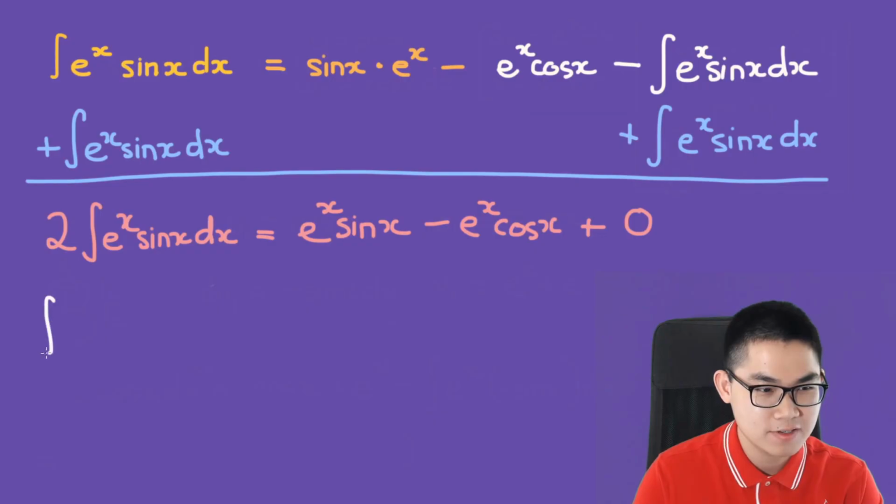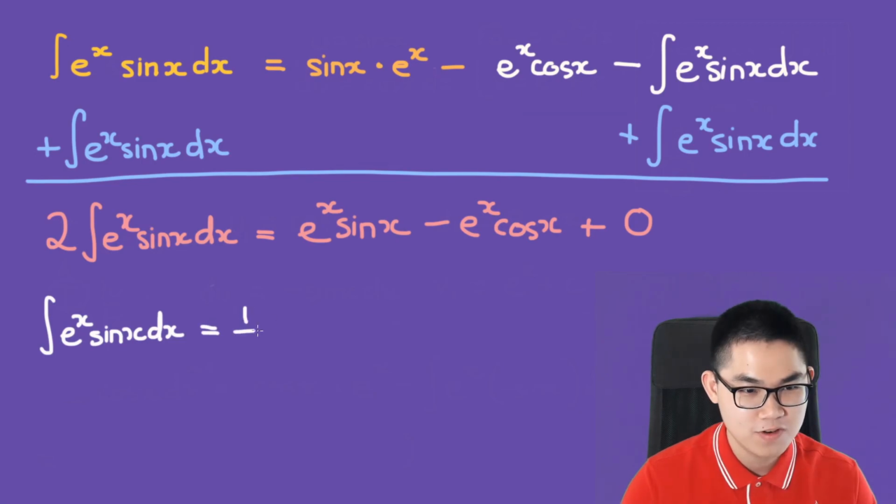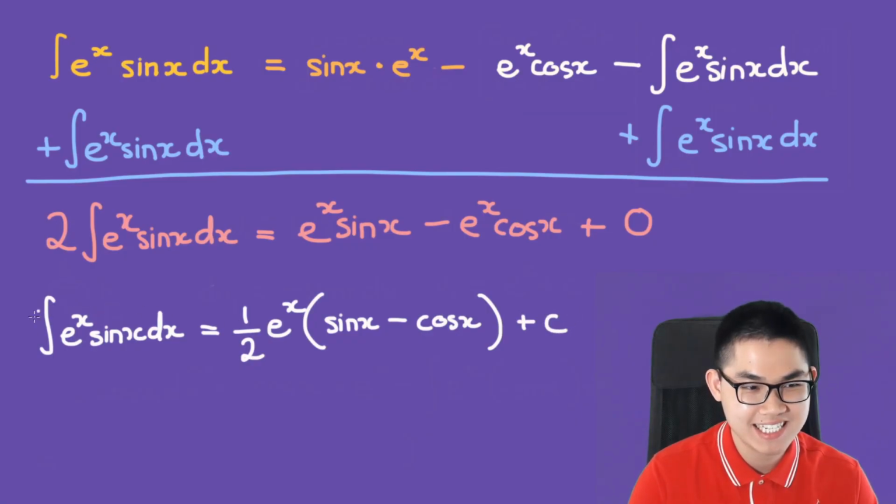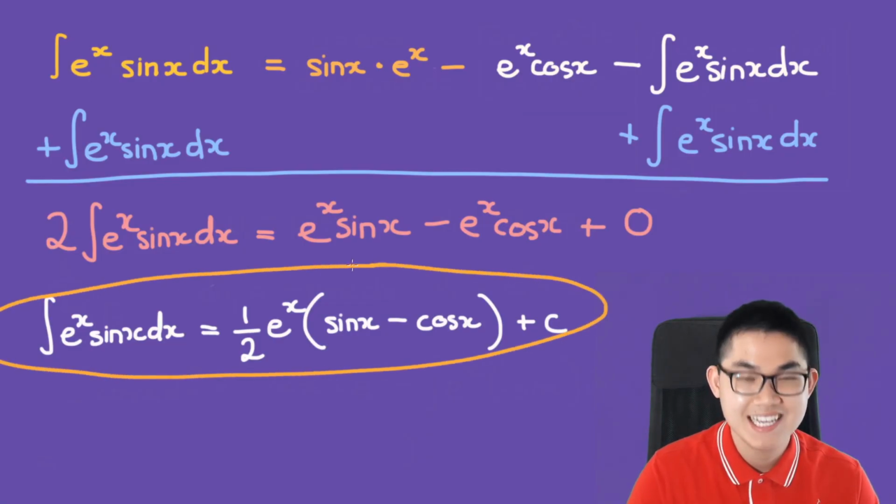So we have the integral of e to the power of x sine of x dx is equal to 1 over 2 times e to the power of x, and we have sine of x minus cosine of x. And don't forget to plus c as well, because this is the integral, right? So the antiderivative must have the plus c. And this right here is the answer.